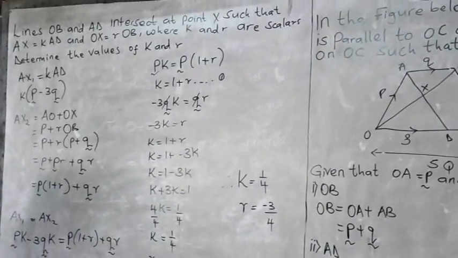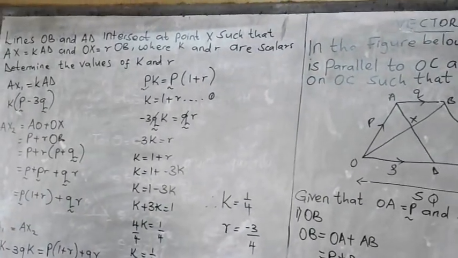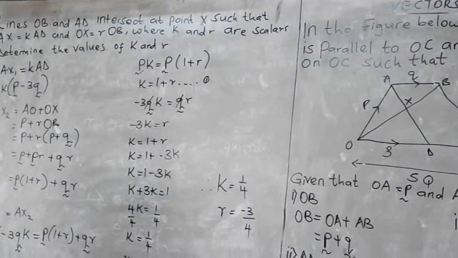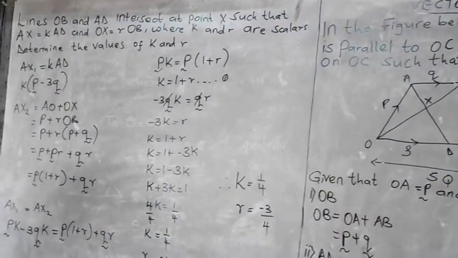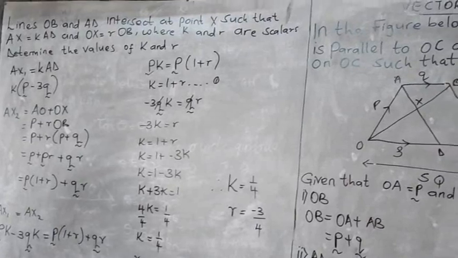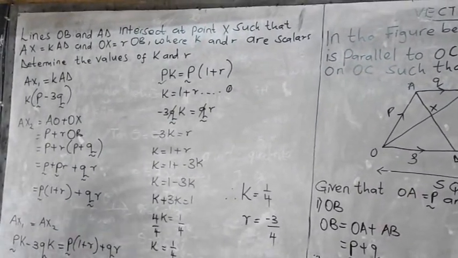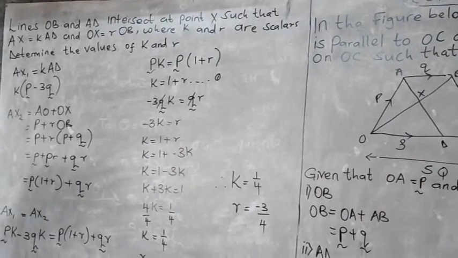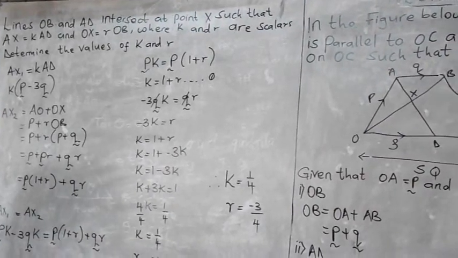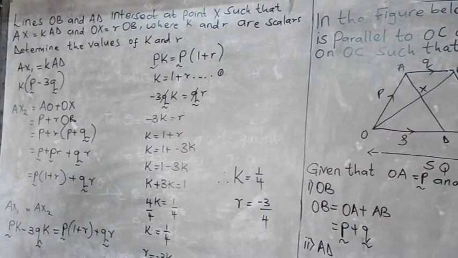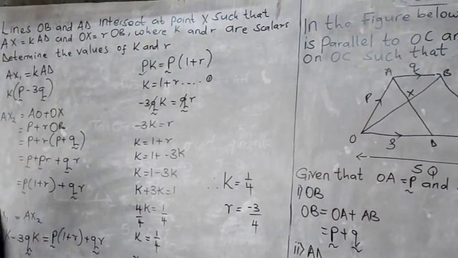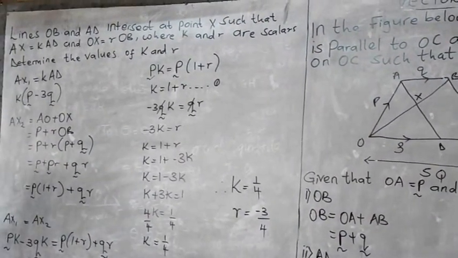The second question, you're asked lines OB and AD intersect at point X such that AX is equal to K AD and OX is equal to R OB, where K and R are scalars. Determine the values of K and R. We're going to find AX1, which is given as K AD.